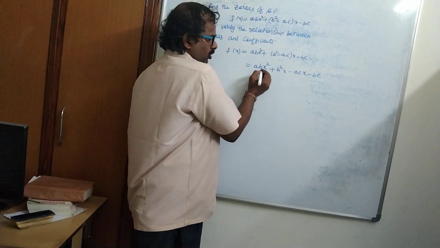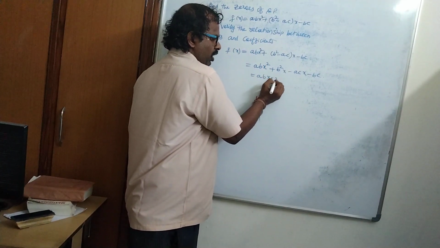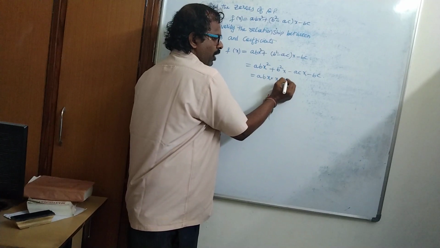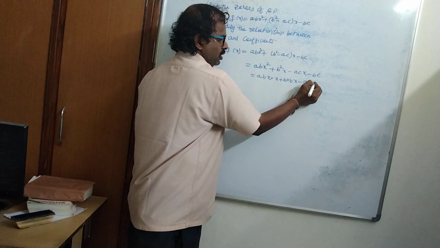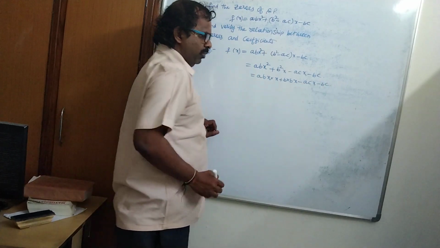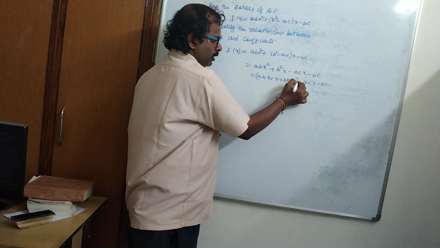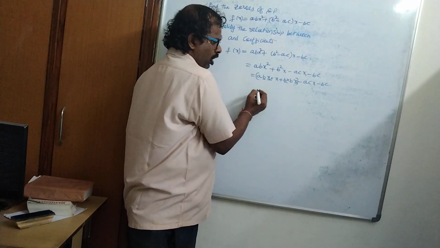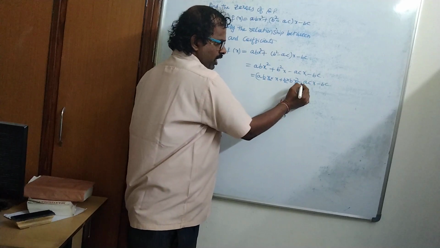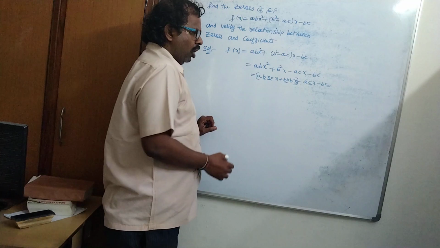Now in the first two terms, we have bx common, and in the last two terms we have minus c common.